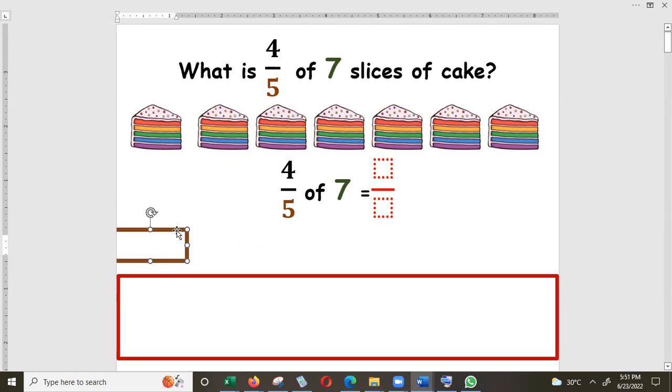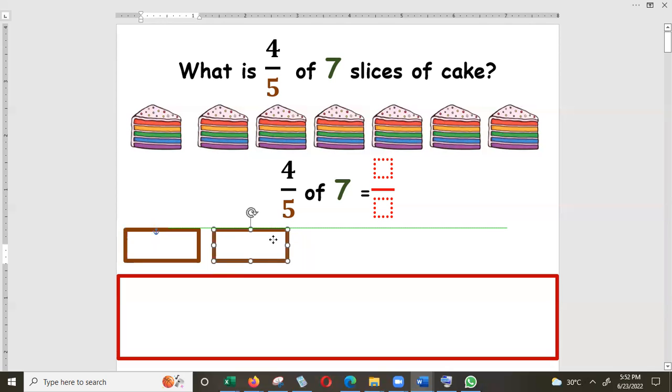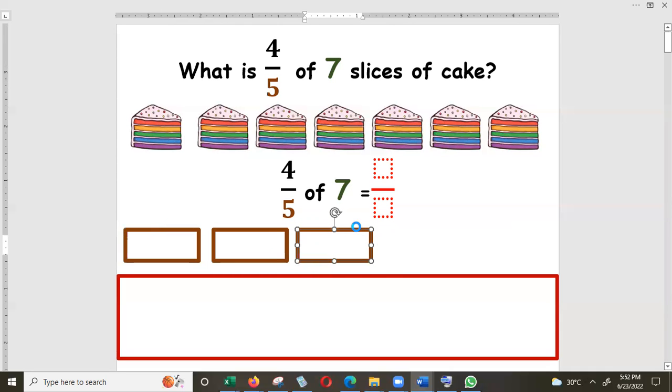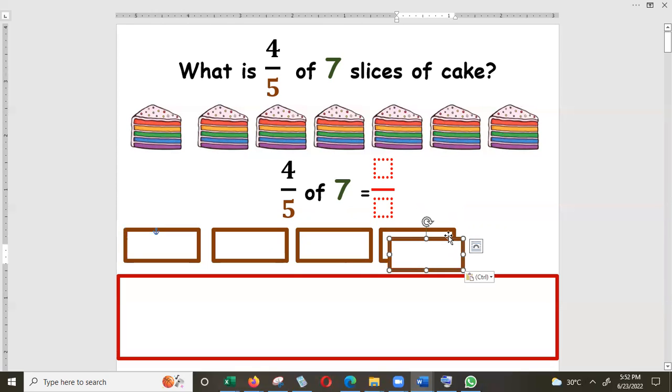Remember, we want 5 of them to facilitate our division by 5. That's 2, that's 3, that's 4, and 5.